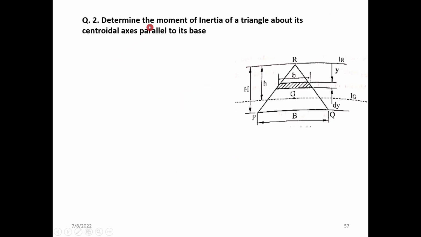Another problem is to find the moment of inertia of a triangle about the centroid axis. So we know that for a triangle we have h by 3 and b by 3. This is an isosceles triangle with equally inclined sides and a different base width. The x bar will pass exactly through the middle of this planar figure, and y bar will be h by 3 from the base.